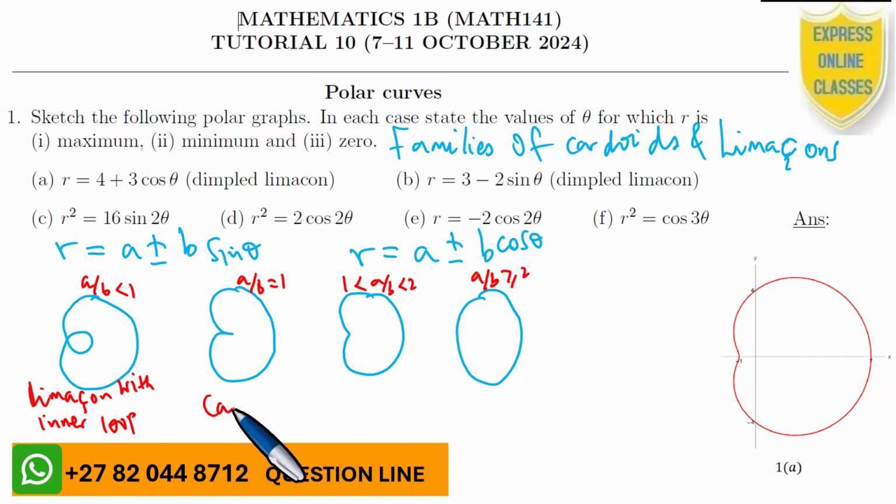This one is called a cardioid, like a heart. This one is called a dimpled limacon.